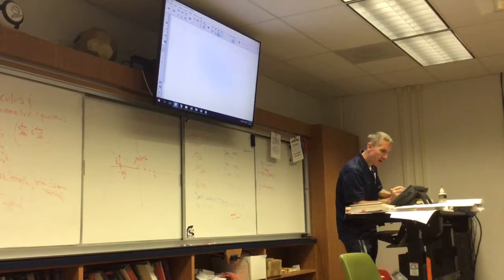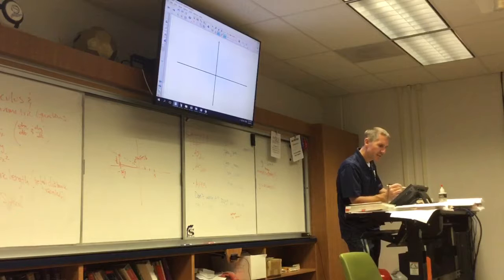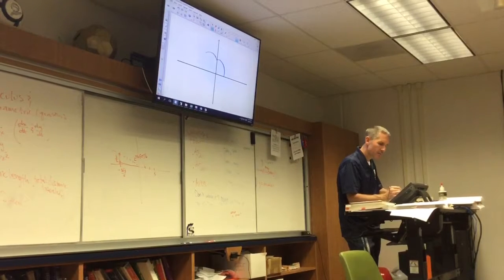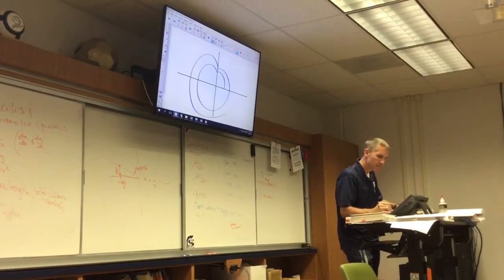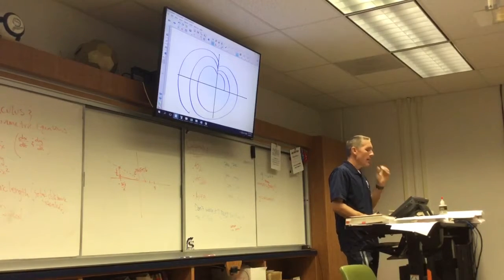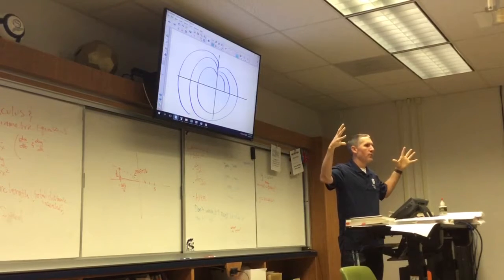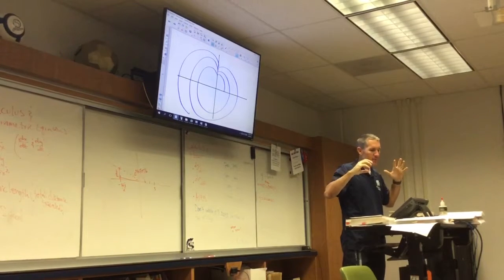Let's say that we have our axes here, and the polar curve might do something like this. And it might continue and get further and further away from the pole, but have a similar type of shape.